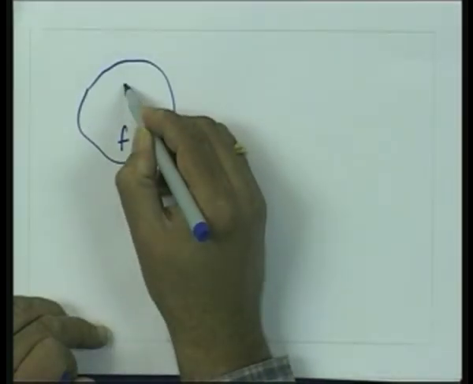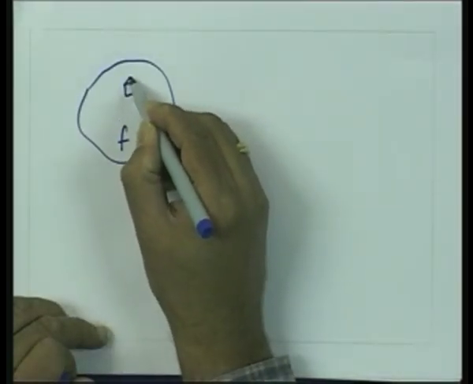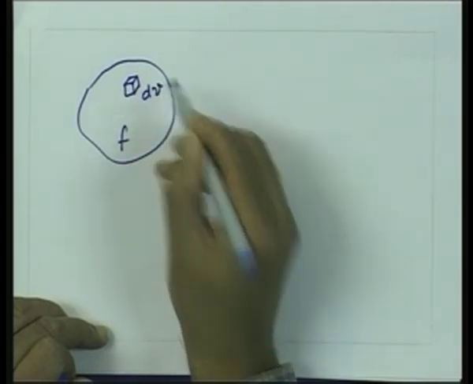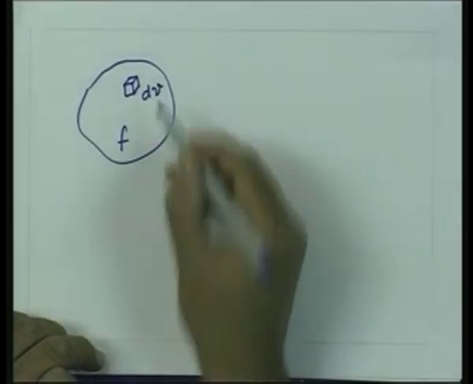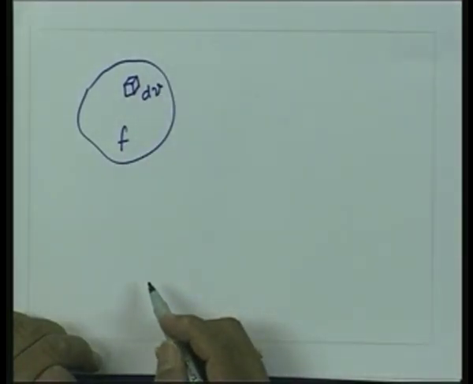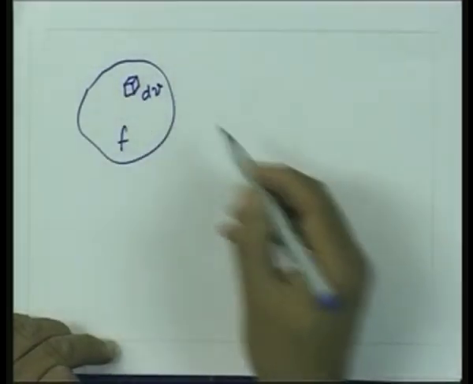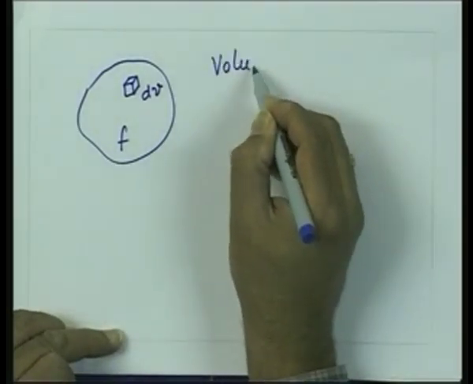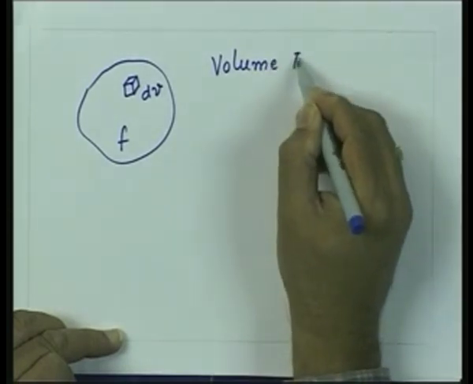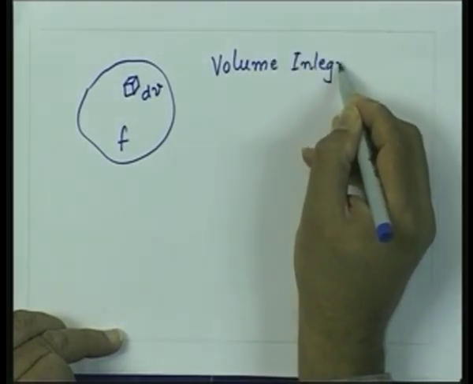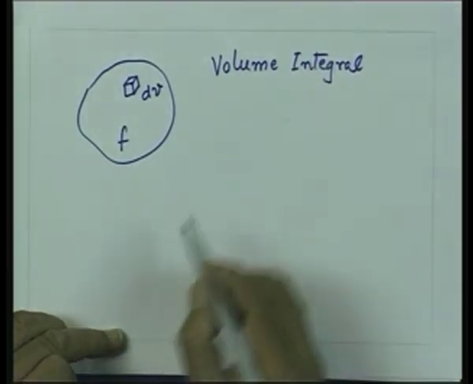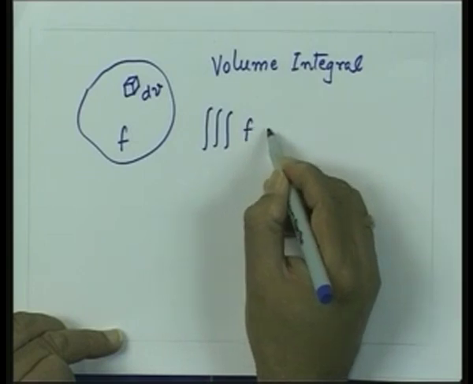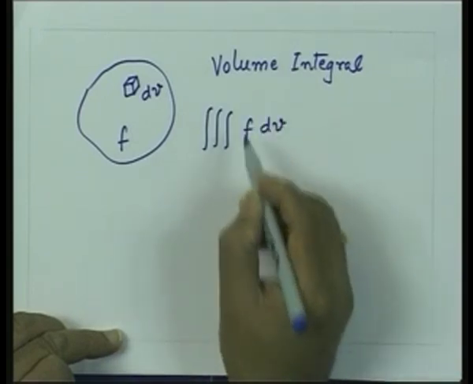If I take an infinitesimally small volume in this, given by dV, where V is the volume, then the integration over this will be a triple integration. So, we have here the volume integral, which is the triple integral of this function f dV.